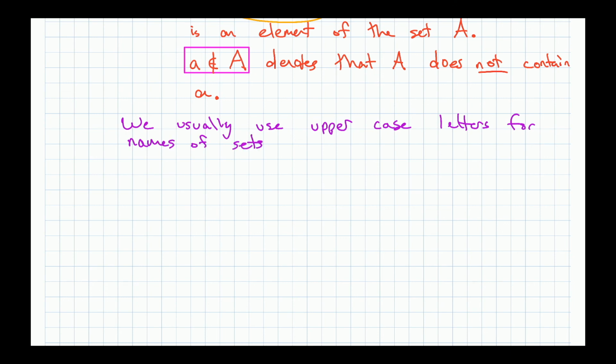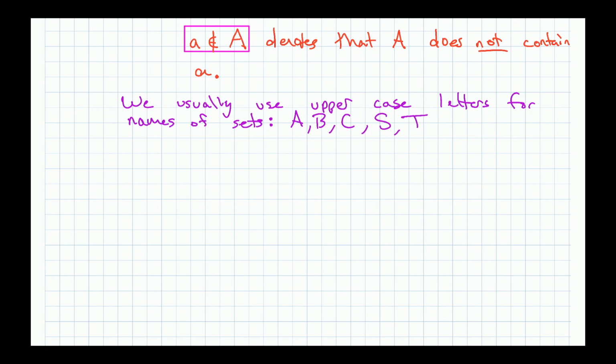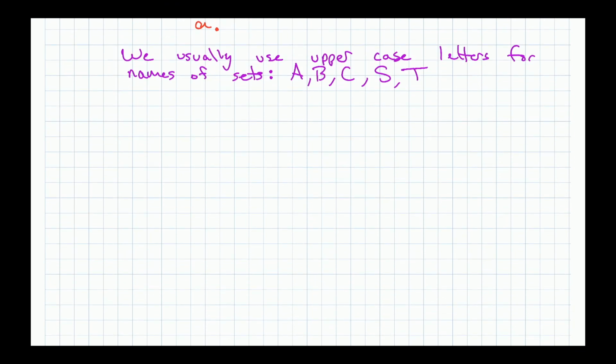Typically they'll go A, B, C. Another thing you see pretty often is S for set, and then maybe T for your next set, just writing the letters in order. But it literally doesn't matter, any letter you want. We usually use uppercase, but you don't have to.